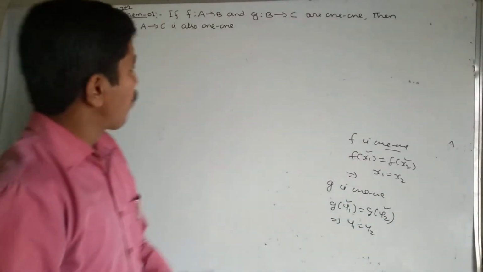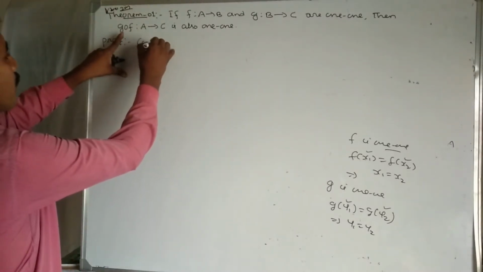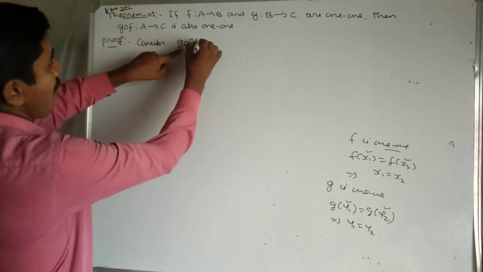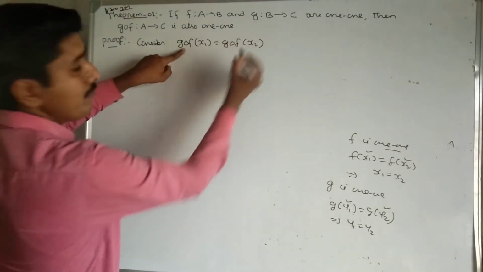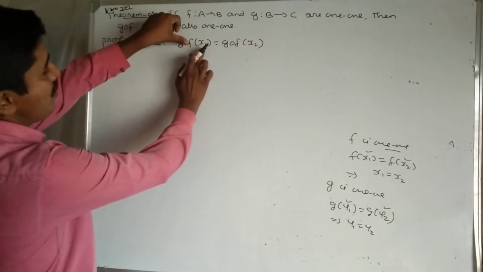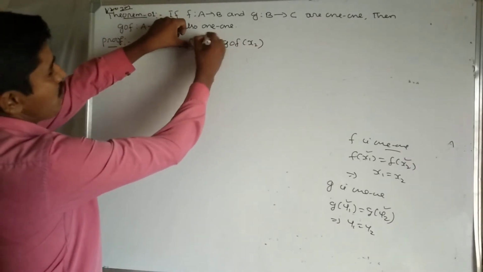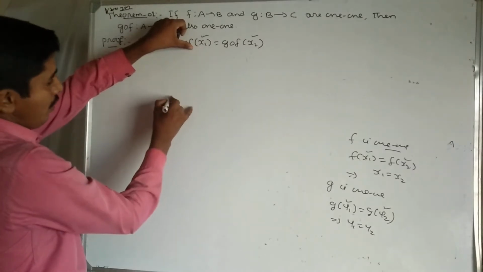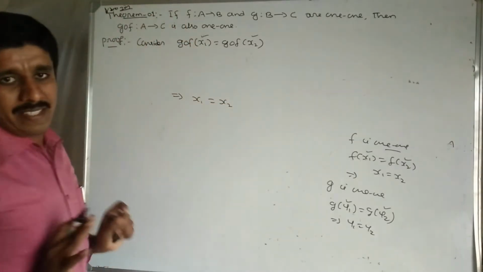Correct. To prove that gof is one-one, consider gof of domain element x1 and gof of domain element x2. Suppose the two range values are equal: gof(x1) equals gof(x2). We have to prove that x1 equals x2.